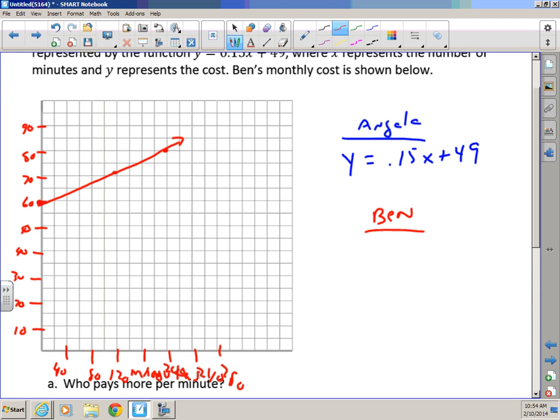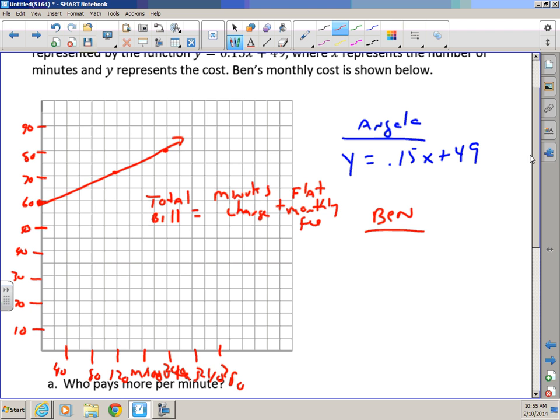Now, before doing the work here, let's talk about what's happening. What makes up their monthly bill? Their total bill is made up of minutes charge plus a flat monthly fee.